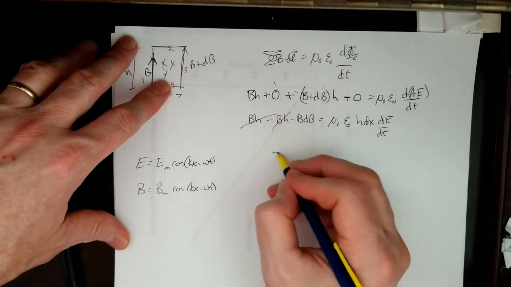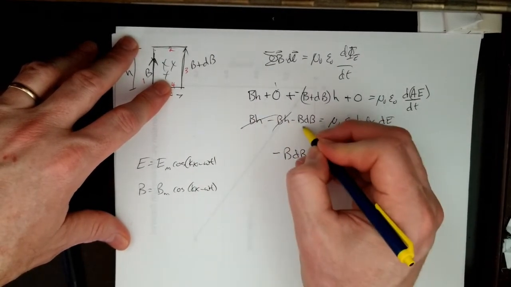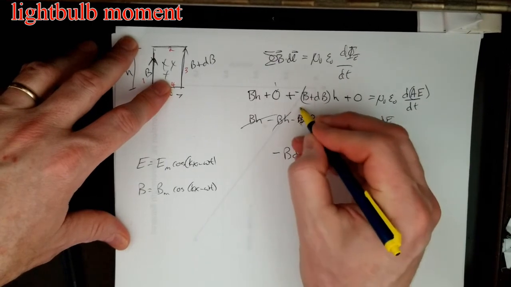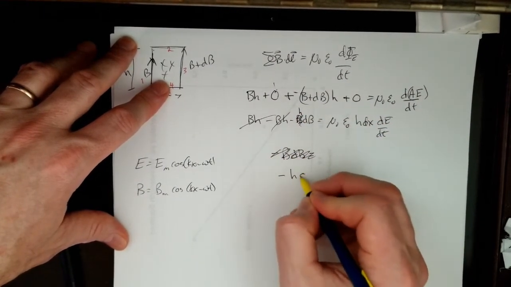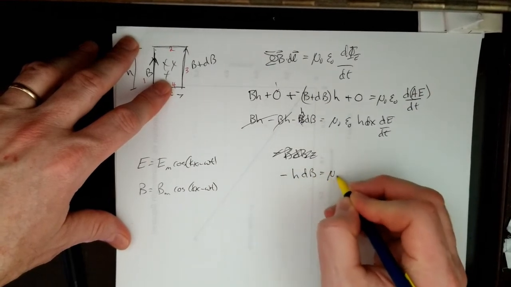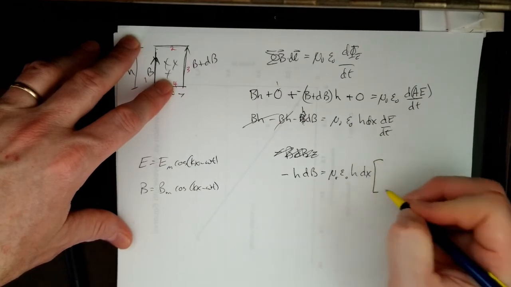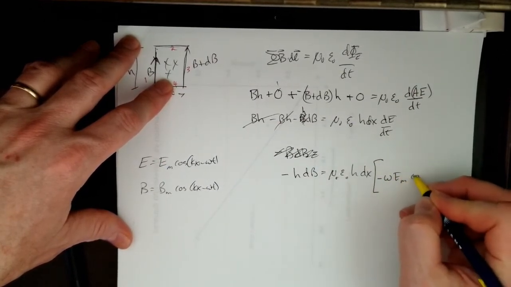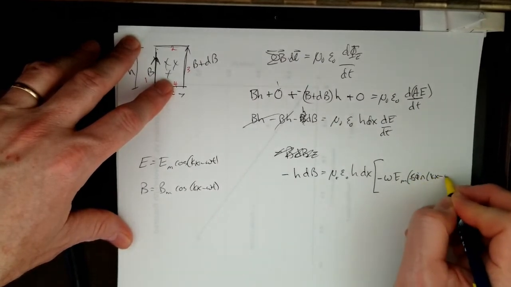Those cancel out. I'm left with negative H dB. So I'm left with negative H dB is equal to mu naught epsilon naught H dx times negative omega Em times negative sine of kx minus omega t.